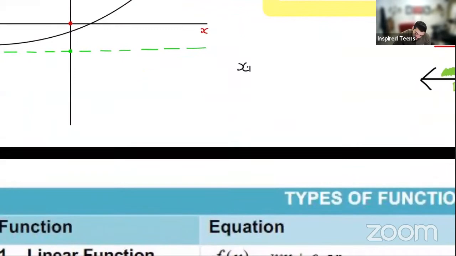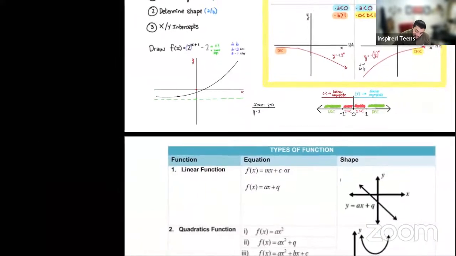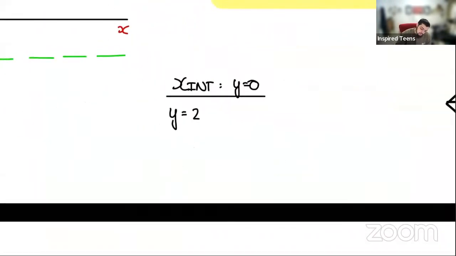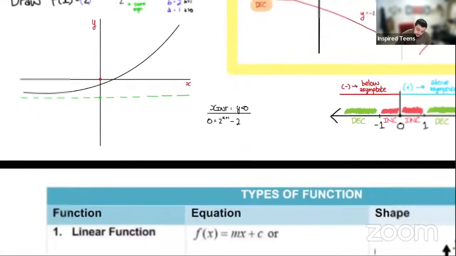So that's easy. X intercept, make y equal to 0, right? So 0 is equal to 2 to the power of x plus 1 minus 2.